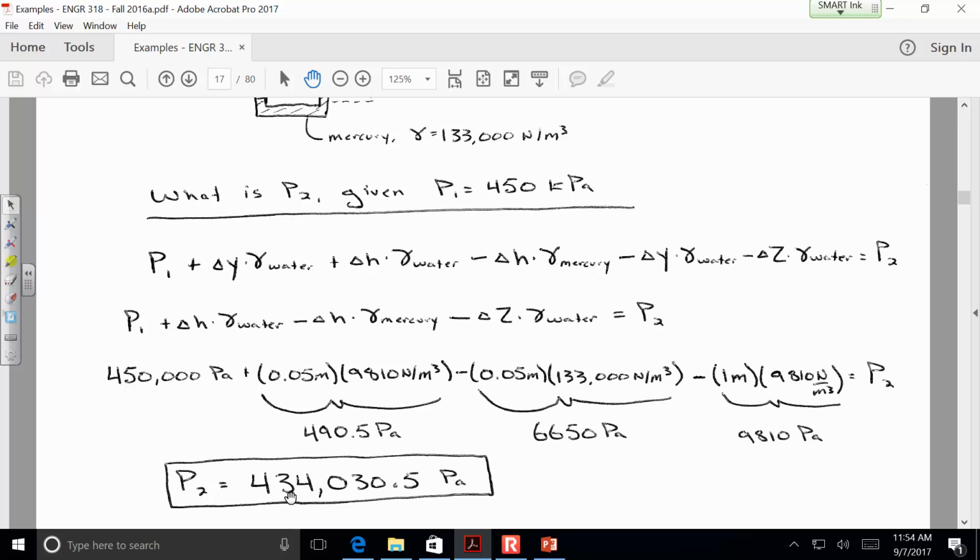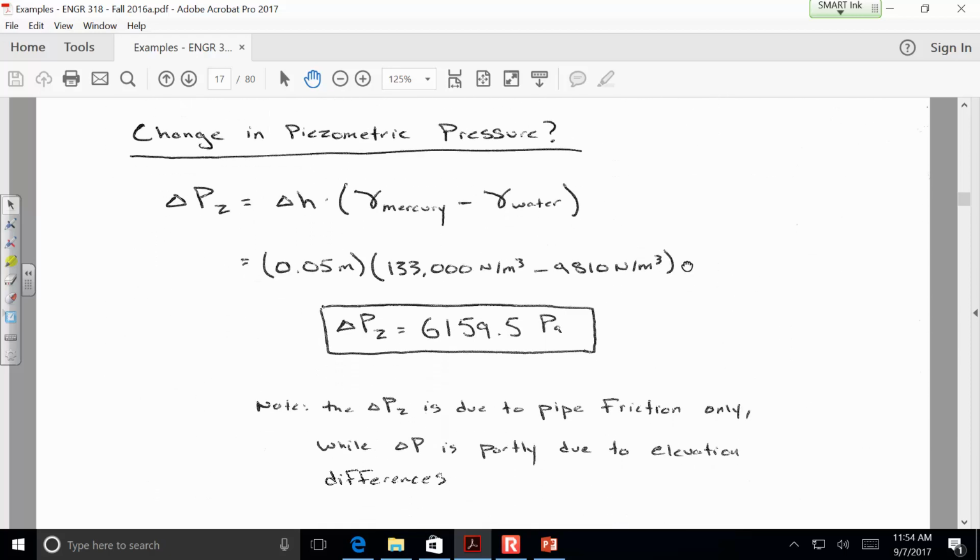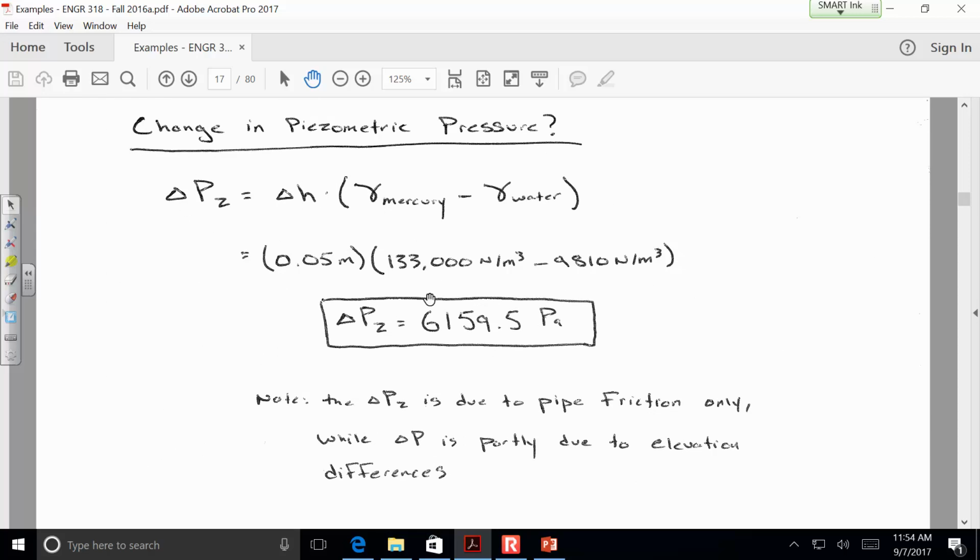The pressure decreased partly due to pipe friction, and it partly decreased because of the elevation change. What this piezometric pressure allows us to calculate, if you calculate the change in piezometric pressure, this 6,160 approximately pascals, that is the component of the change that's due just to pipe friction.